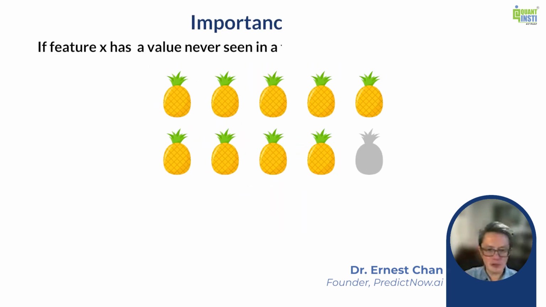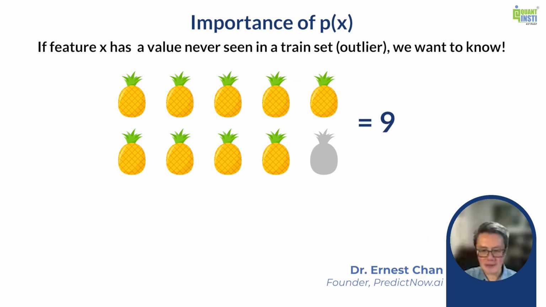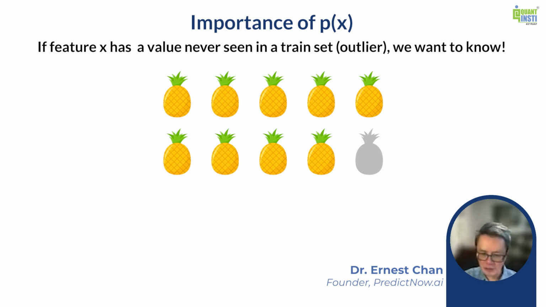If you are training your model on thousands of samples and only one sample is an outlier, typically your model will not care about this outlier. It will produce an answer as if this outlier doesn't exist. But if the feature that you feed into your AI model is one of these outliers, we certainly want to know.